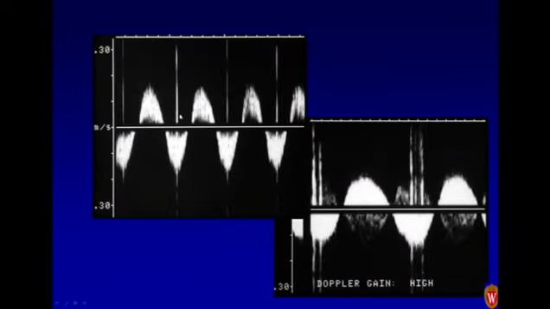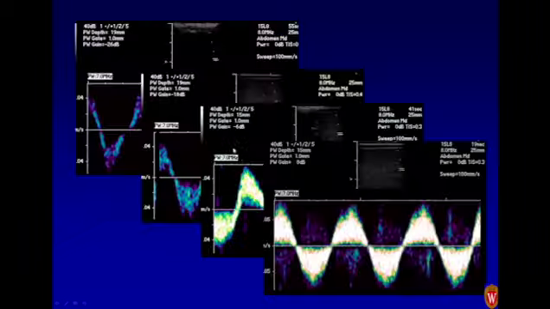Turn it up even a little higher, and you start seeing these spikes of noise. What is this? This is crosstalk. Okay, crosstalk. What does that mean? When you have these tracings projecting either towards or away from the transducer, these are like two different channels on your stereo system.